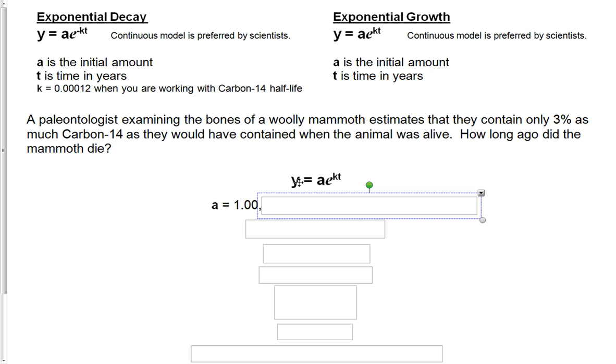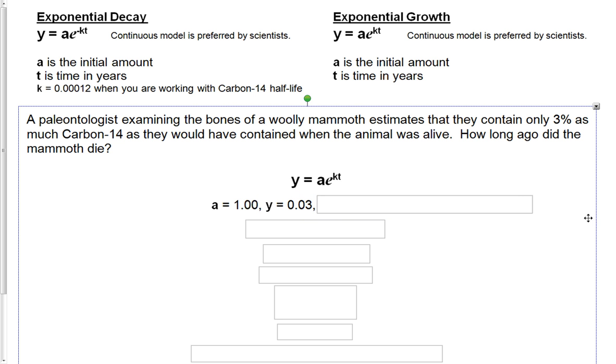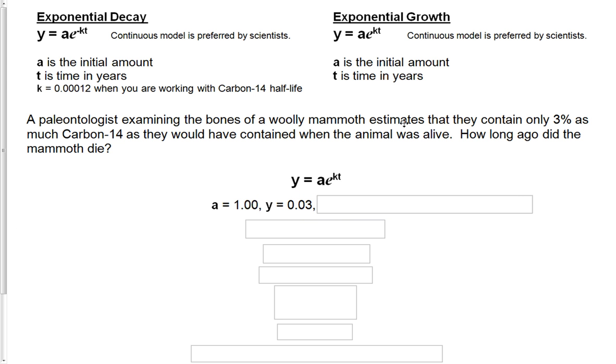The final amount that we're left with, which is y, is 3%, so 0.03. So whenever you're given a percentage like this, where it says only 3% was left at the end, you're going to have your initial be 100%, or 1, and your final be whatever your percentage is as a decimal.